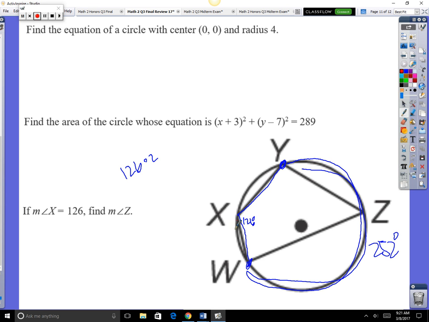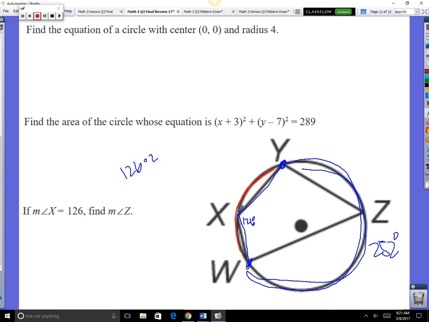Okay, now the red arc and the blue arc are a full 360. So if I do 360 minus the blue arc, 252, that should leave me with the red arc, which is 108.